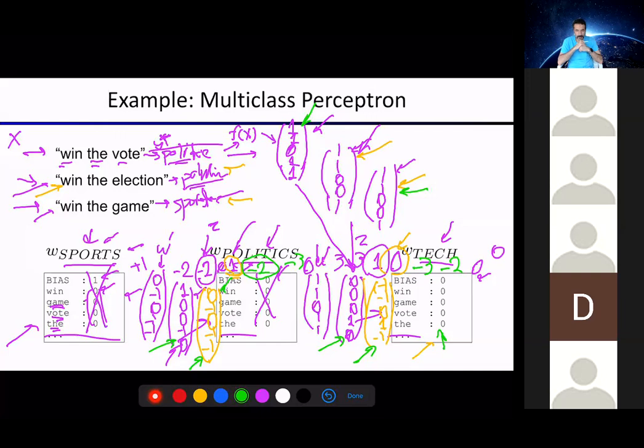The computation is very easy. The dot product is not computationally heavy. It is considered one of those lightweight computations. Is there any question here?